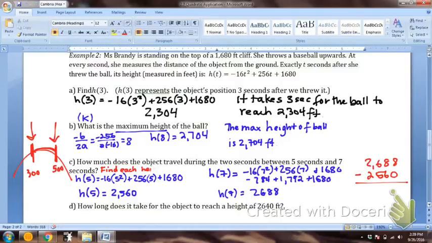Anybody else agree? Okay, so who wants to give me my sentence? Perfect. Chelsea? It takes 128.